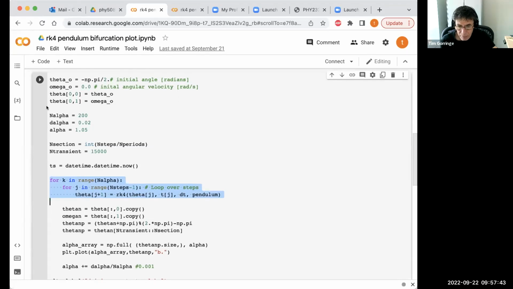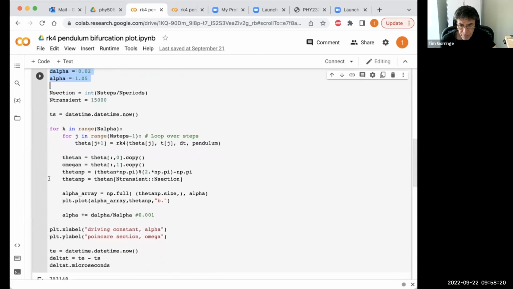I set up some initial parameters upstairs for my range of alpha and my number of points of alpha to explore. In this particular case, I started with alpha of 1.05 and explored a range of 1.05 to 1.07, a range that we talked about in the lecture class. I sampled 200 different values of alpha in that range.